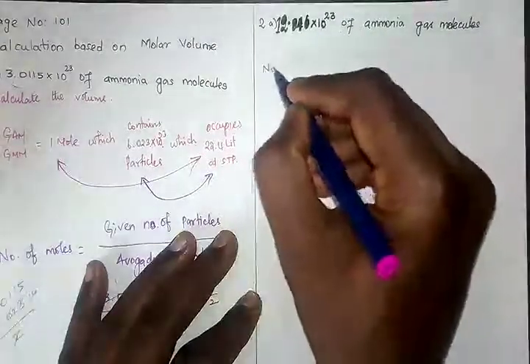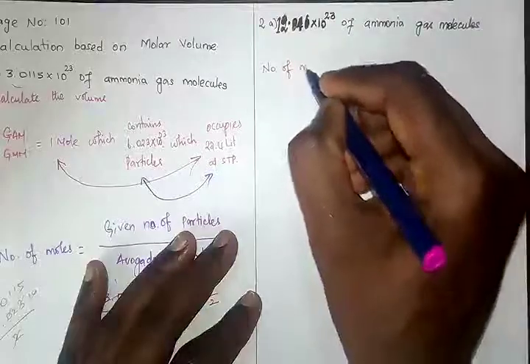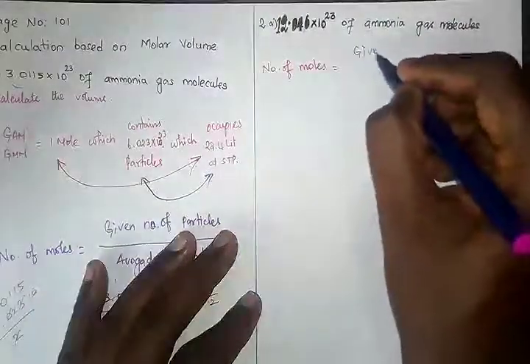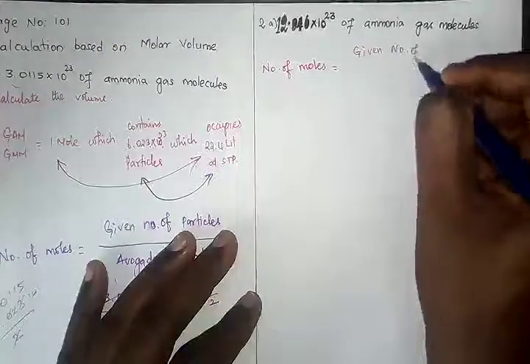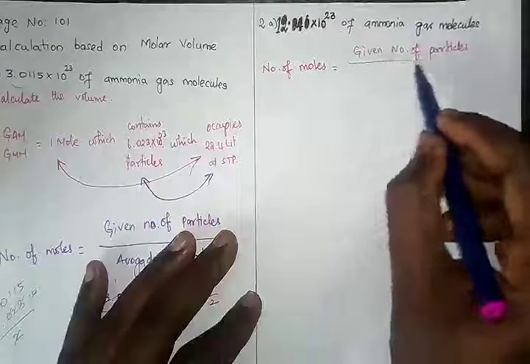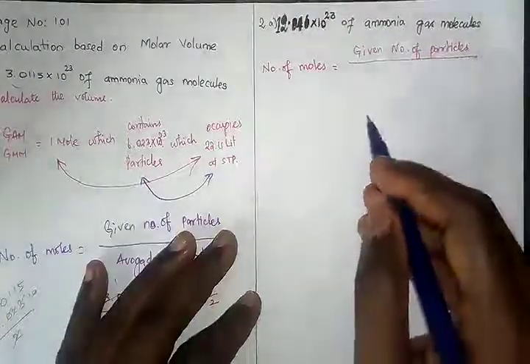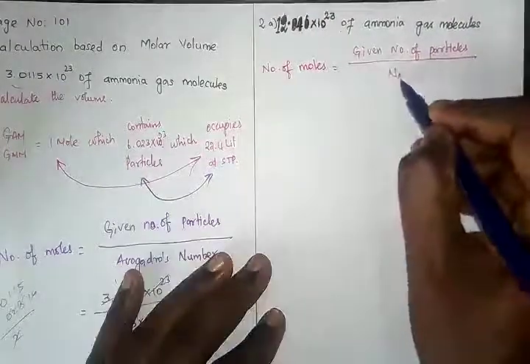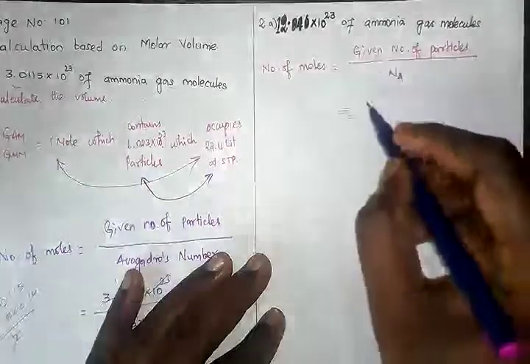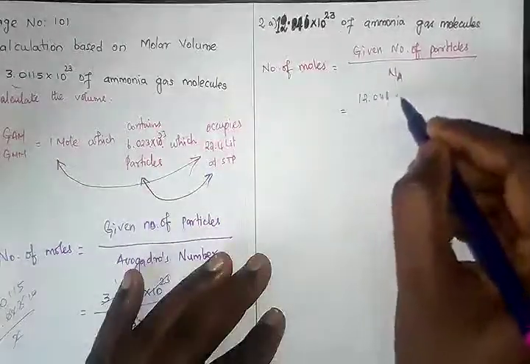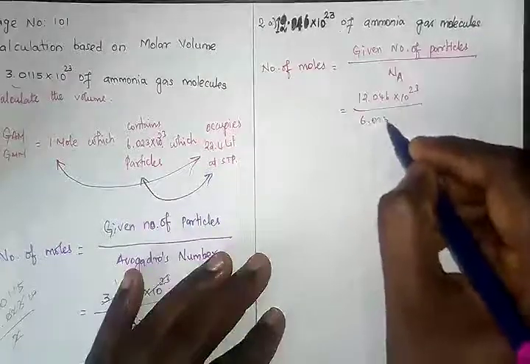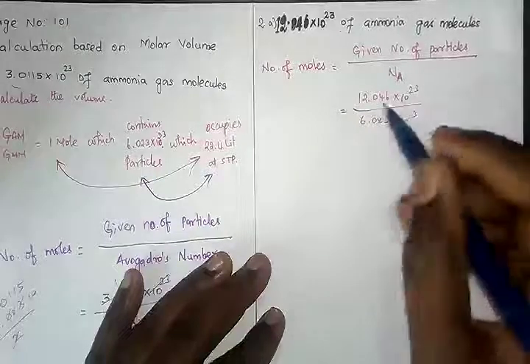So number of moles, if number of particles is given, is number of particles divided by Avogadro number. So what is the given number of particles? 12.046 in 10 to the power of 23 divided by 6.023 into 10 to the power of 23.